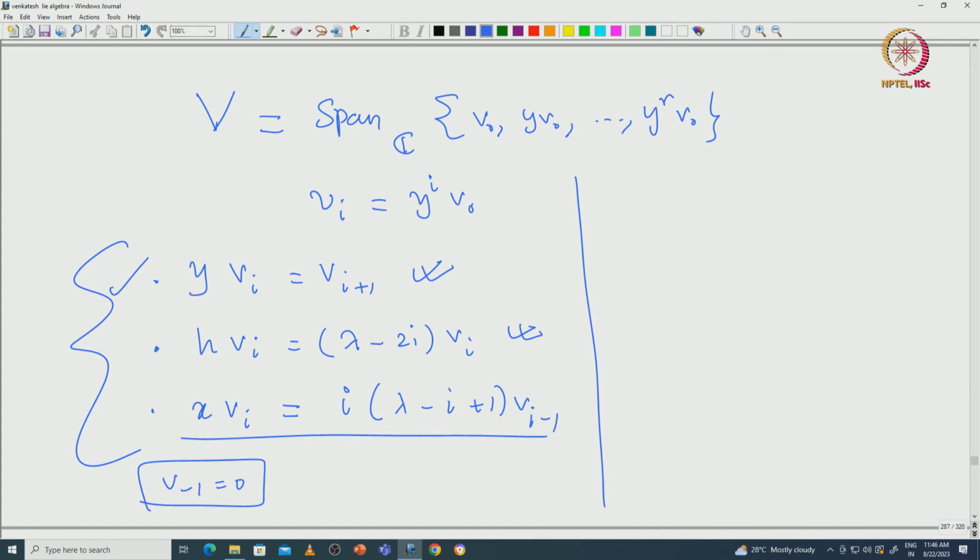This is again by induction. You assume that x v I is equal to I times lambda minus I plus 1 v I minus 1. Okay. Then calculate x v I plus 1.